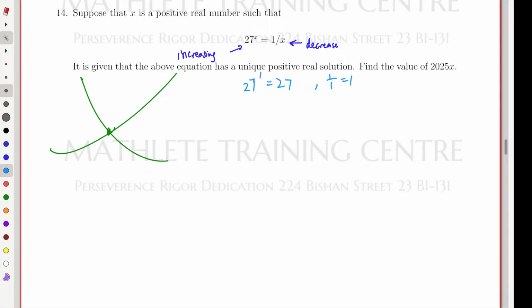No, that doesn't make sense. So let's take the cube root. 27 to the power 1 over 3 is 3, which is exactly 1 over 1 over 3. So you figure out that x is 1 over 3 here. Therefore, the answer of 2025 times x is 675.